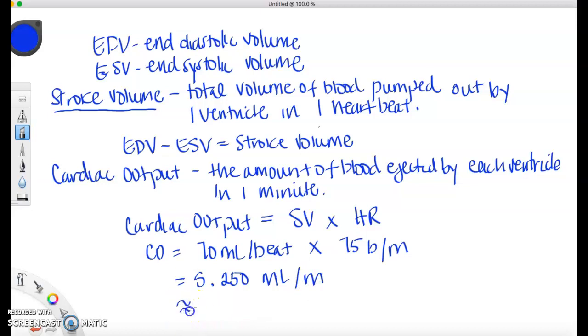So about 5 liters per minute, which is about average. Okay.